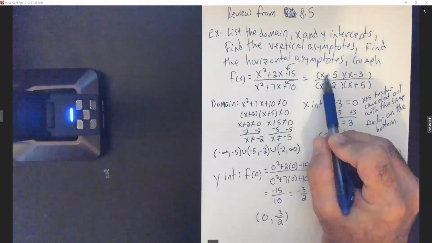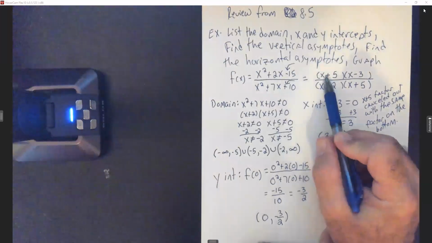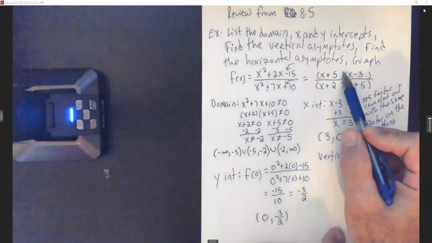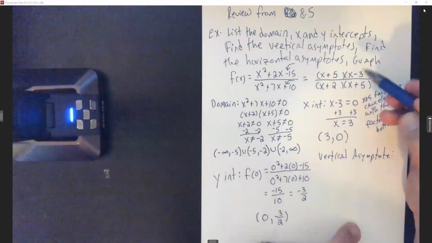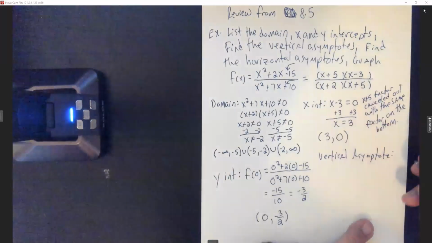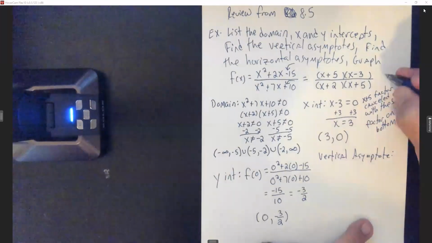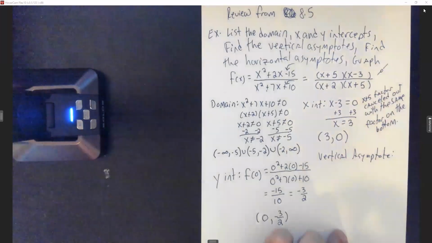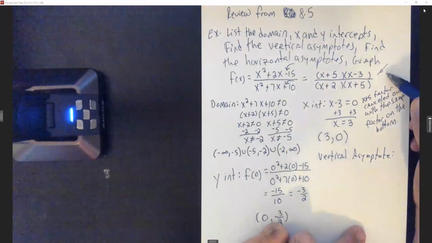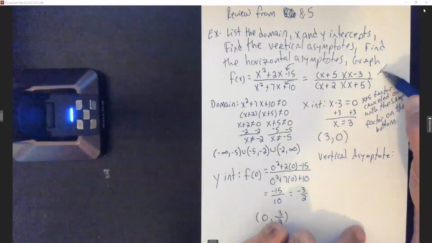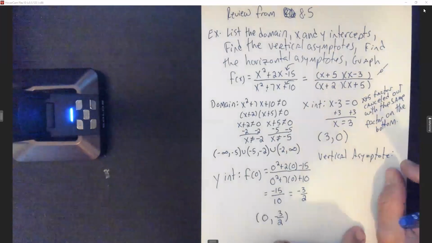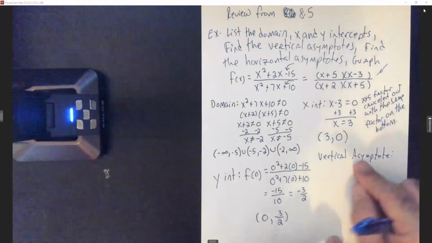So it canceled it out as an x-intercept, and it's going to cancel that factor out as a vertical asymptote. Instead of having an asymptote there, it'll sort of go along and just make a hole in the graph. On our calculators, you can't see the hole because of the way the pixels are. But technically, instead of a vertical asymptote, it would actually make a hole at that point.